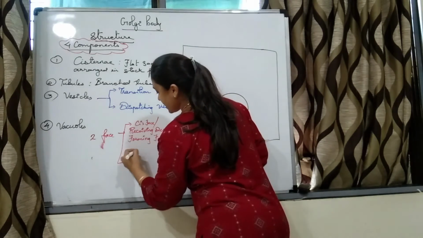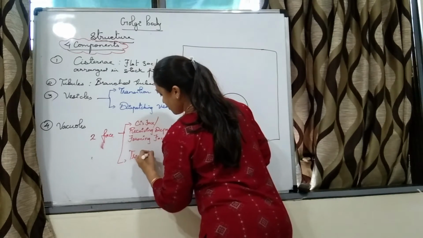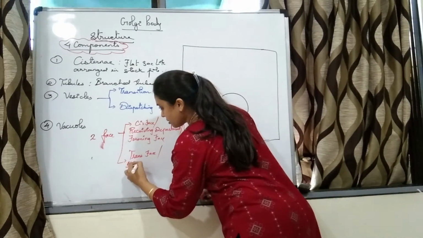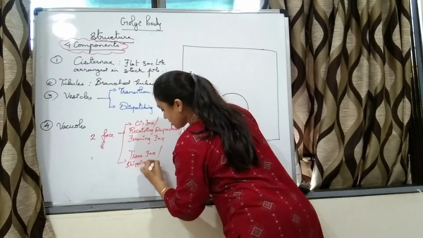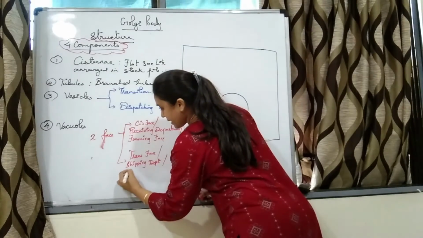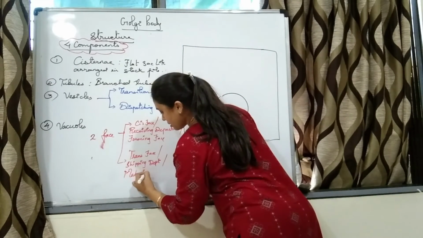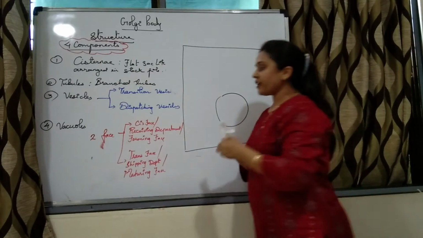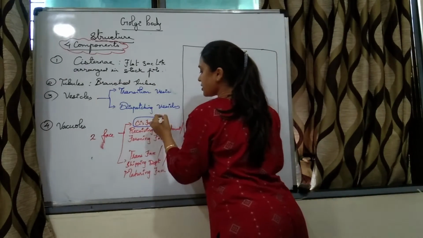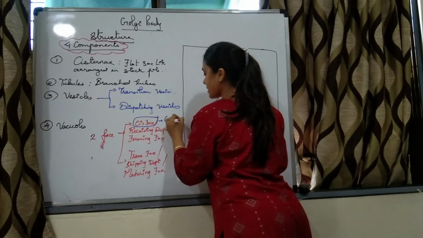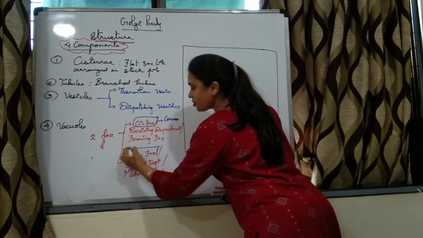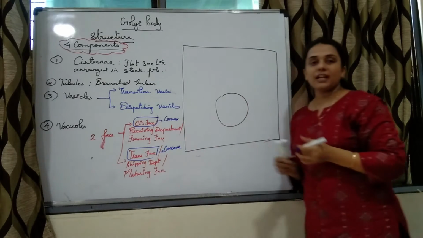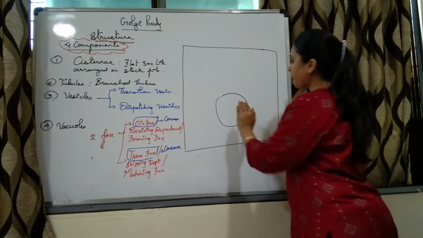And the second phase is trans phase, also called as shipping department, also called as maturing phase. Right? So there are two phases. Cis phase is convex side and trans phase is concave side. We will understand it once we draw it.